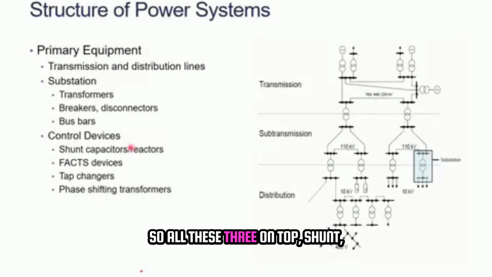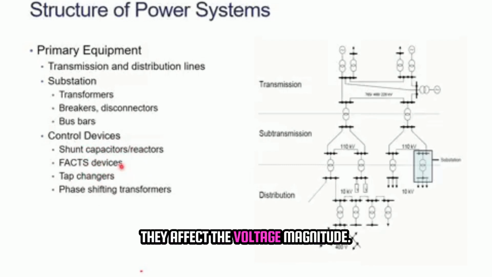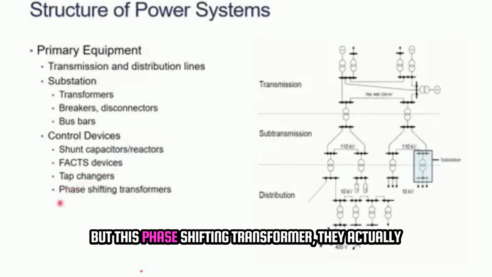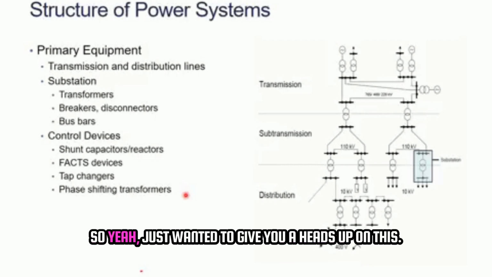All these three on top, shunt capacitors, reactors, FACTS devices, and tap changers, affect the voltage magnitude. But the phase shifting transformer actually affects the voltage angle. So this is the difference. They affect the voltage angle, not the voltage magnitude. So yeah, just wanted to give you a heads up on this.